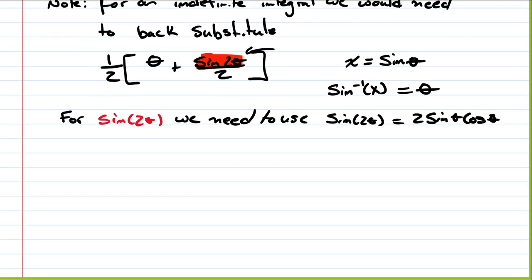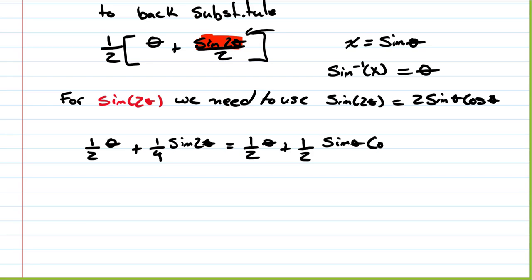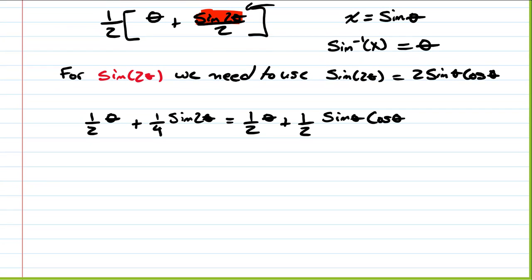So if we substitute that in, I'm going to distribute my 1/2 in. So we have 1/2 theta plus 1/4 times the sine of 2 theta, which is equal to 1/2 theta plus, using our identity, 1/2 times sine theta cosine theta, because the 2 and the 1/4 reduce to 1/2. So we need to substitute these things out.